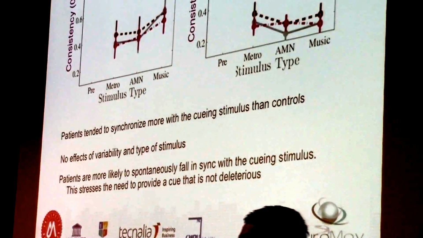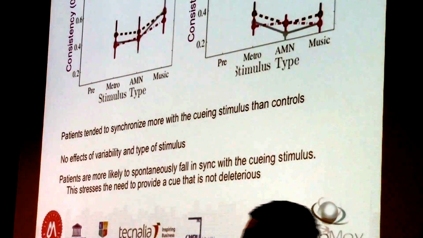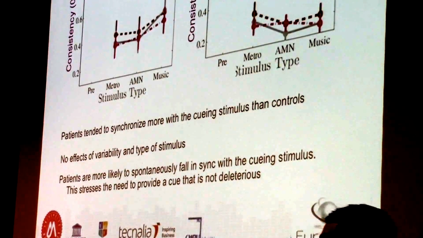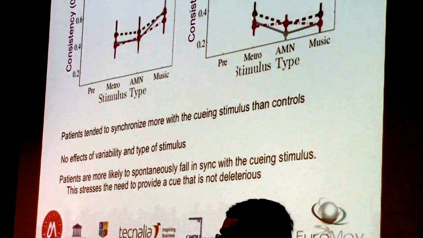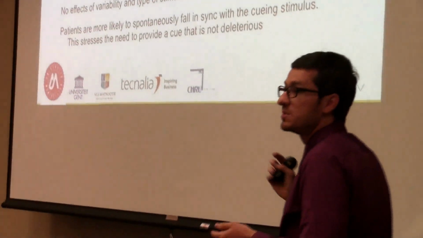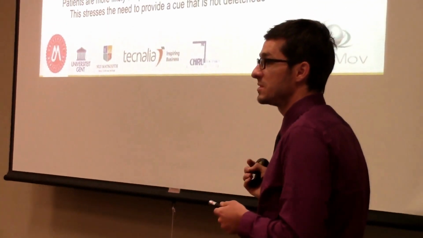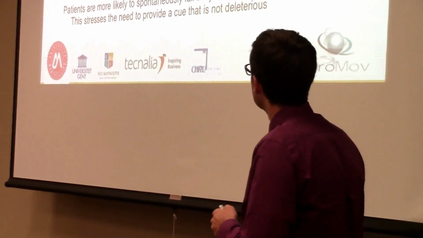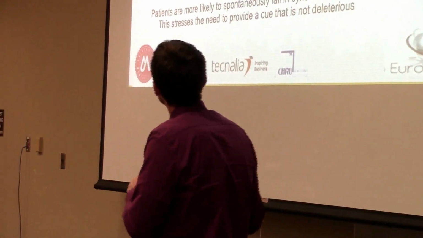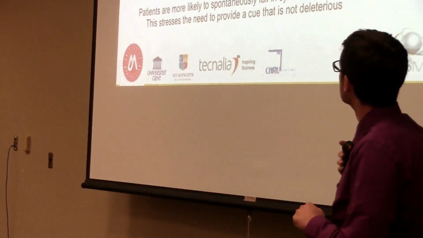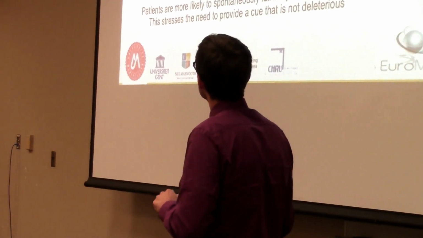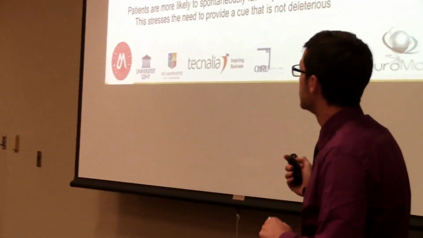If you tell them to synchronize, then it becomes kind of a difficult thing for them to go outside, and if this is going to be a rehabilitation strategy used in the long term, if you ask them to always listen to the speaker, to the headphones, it becomes an extra load. But the fact that they tend to synchronize more gives us a clue that they might use this whether they're instructed or not.